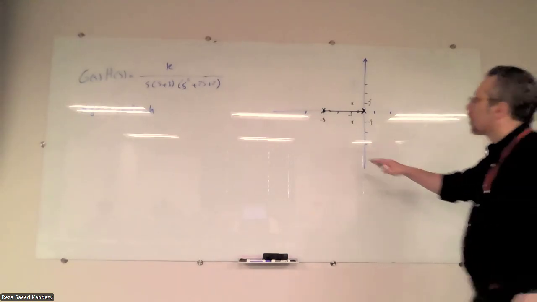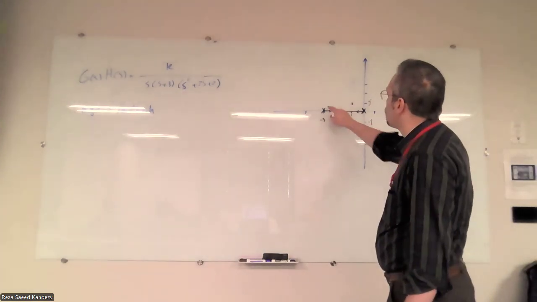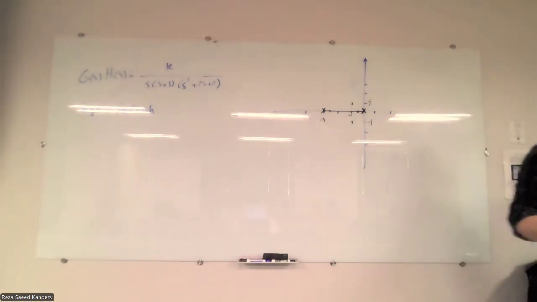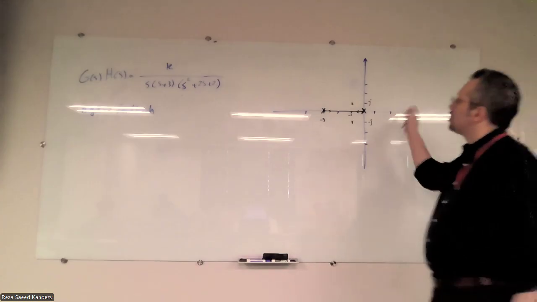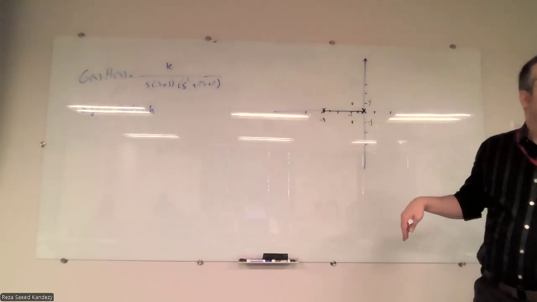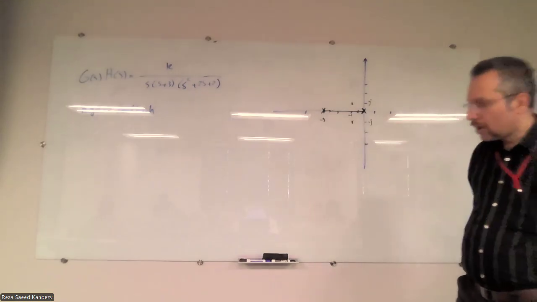Okay, so we have 4 poles, no zeros. That means we are short 4 zeros. But all those trajectories should end up at the zeros. Are we good? So that means there are zeros at infinity that these are going to end up at.